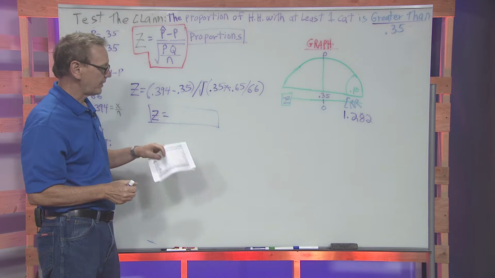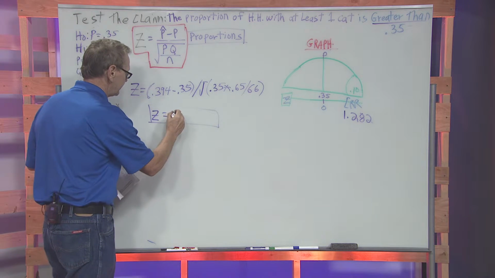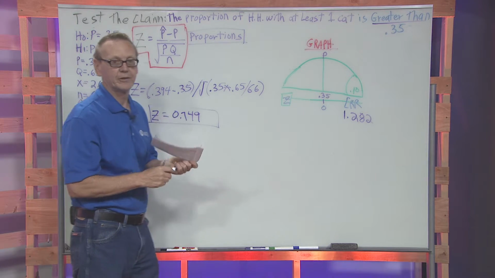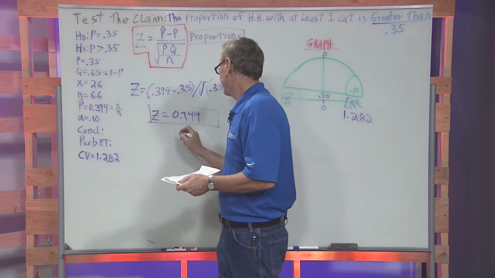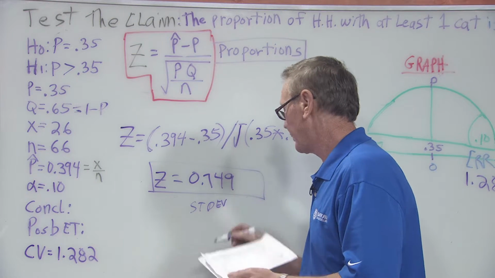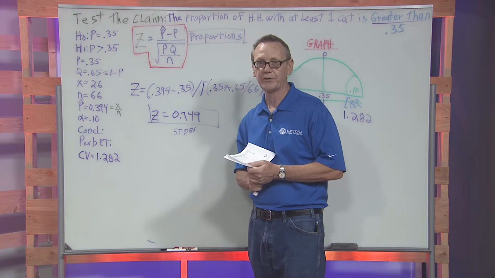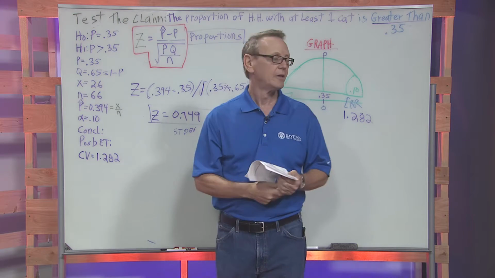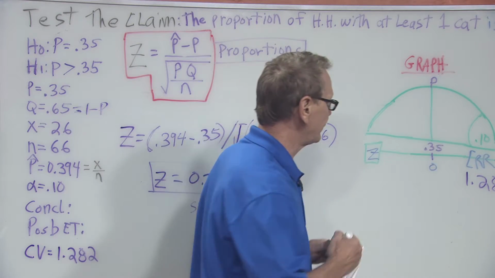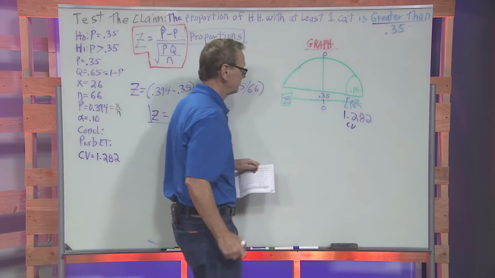Okay, I've already calculated that. Let's see, what did I get? 0.749 standard deviations. Our unit of measure, with hypothesis testing test statistic formulas, is always standard deviations. Even the critical value is 1.282 standard deviations to the right of the mean.